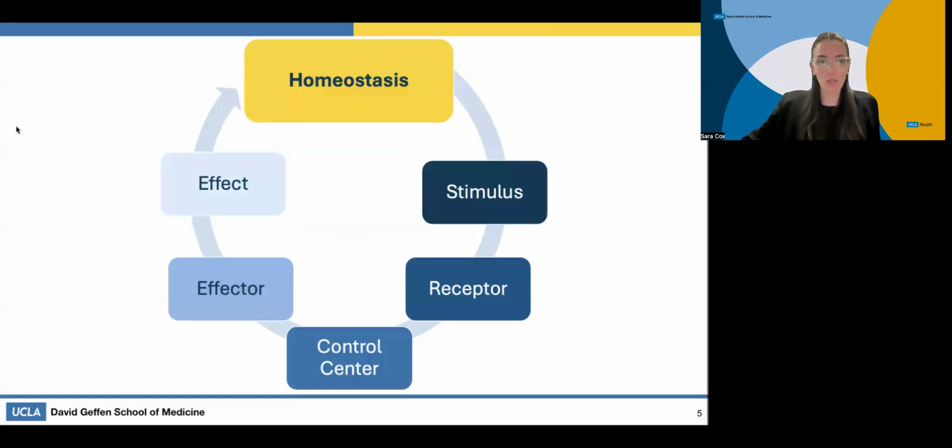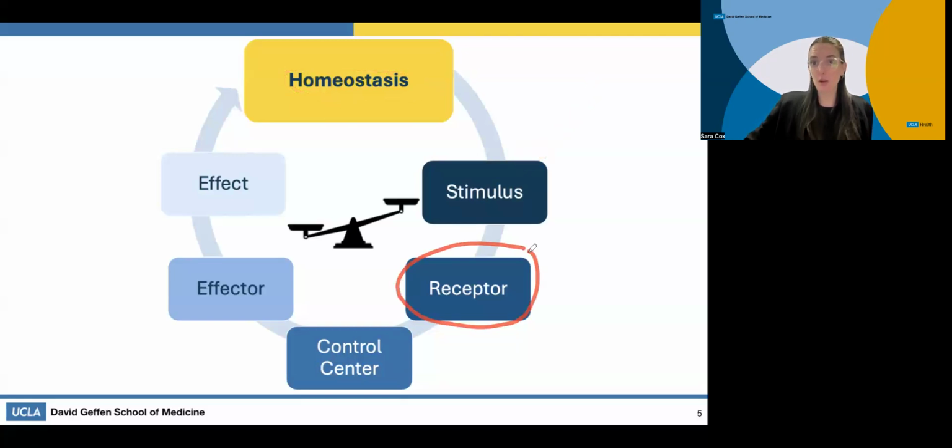So if our goal here is to maintain this homeostasis, then something eventually will push us off of homeostasis. Some sort of stimulus will come and change the conditions of the body. That will be picked up by a receptor in the body, and that receptor will send that information over to a control center.